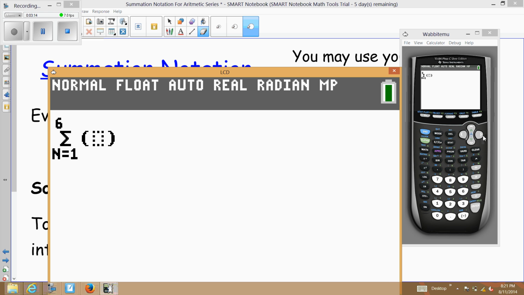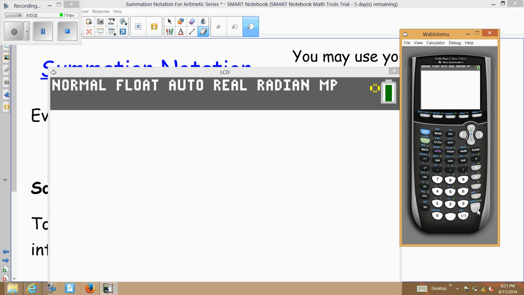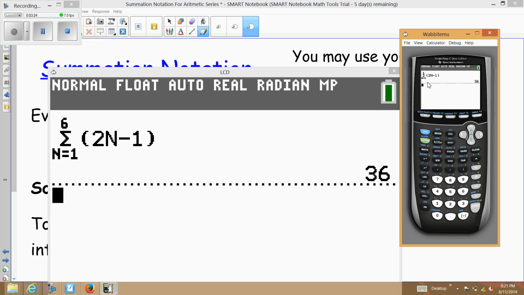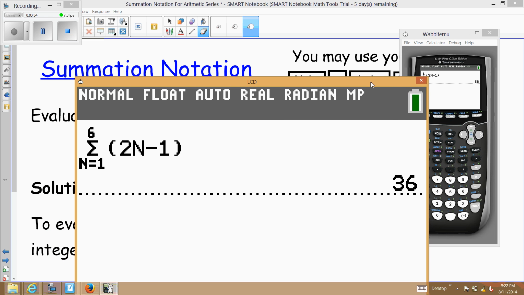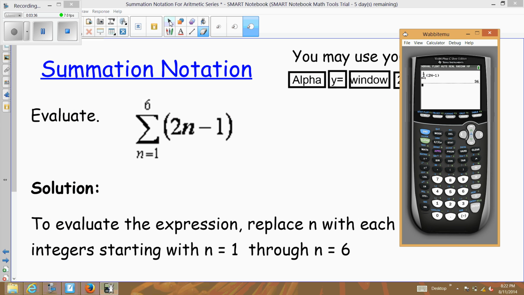So I just arrow to the side, and I type in 2 alpha n minus 1. Hit enter, and it does all the work for me. It substituted in 1, you got 36. It's quite nice, and when you're on a timed test, this helps you tremendously. So you can do it by hand if your calculator is not working, but you also can do it using the calculator. So let's try the next one.